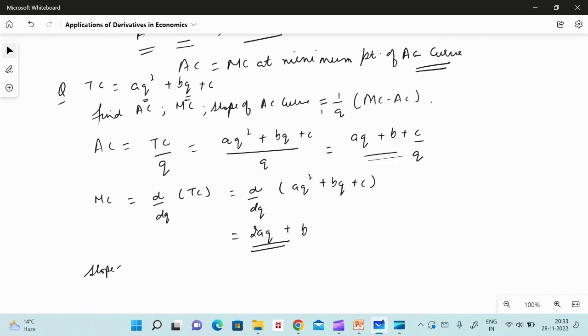Next, we have to calculate the slope of the average cost curve, and this is equal to 1 by Q times (marginal cost minus average cost), right?